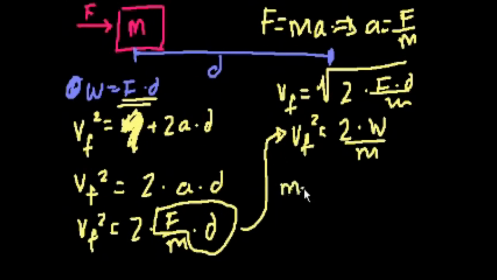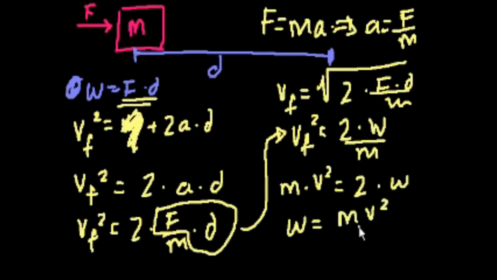So you get mass times the velocity squared. And I'm going to get rid of this f because we know that we started at rest and the velocity is going to be, let's just call it v. So m times v squared is equal to 2 times the work, or let's divide both sides by 2, so that the work is equal to mv squared over 2. Just divided both sides by 2. And of course, the unit here is joules.